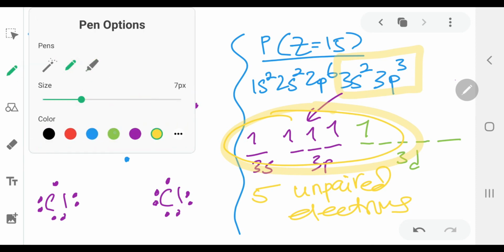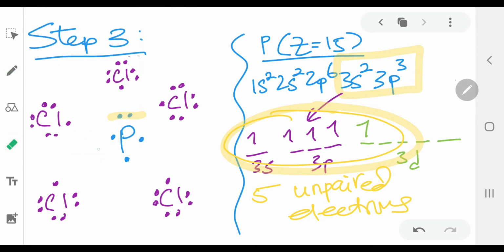Okay, so that means this unpaired over here and that unpaired over here will form a bonding pair. This unpaired and that unpaired can form a bonding pair, and this unpaired with that unpaired will form another bonding pair.